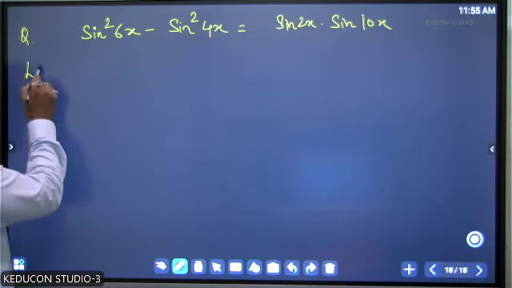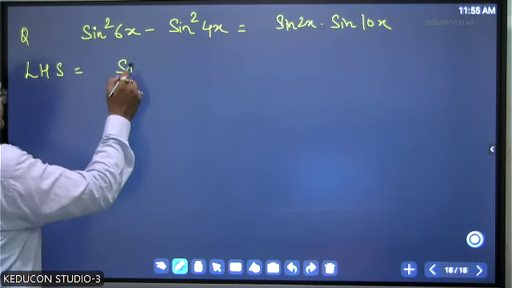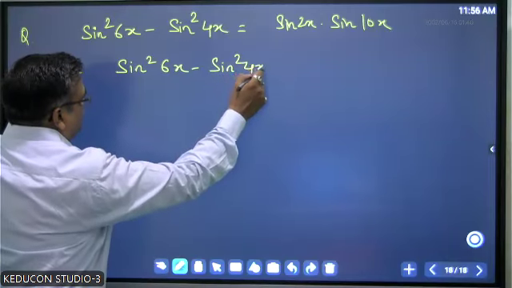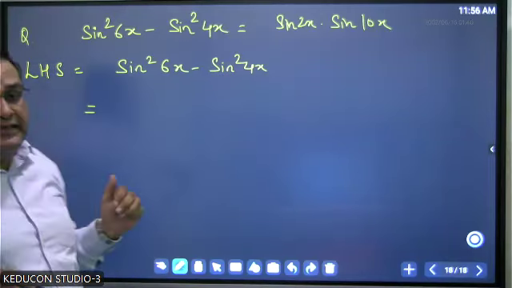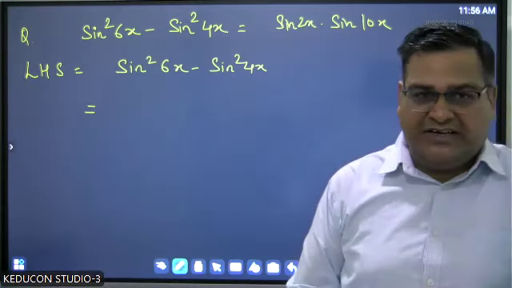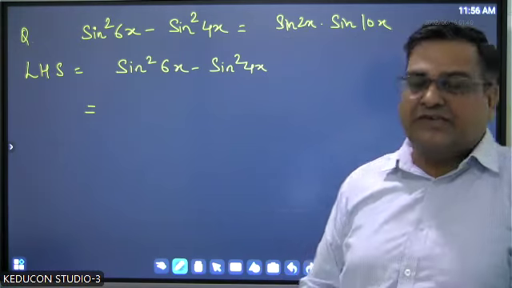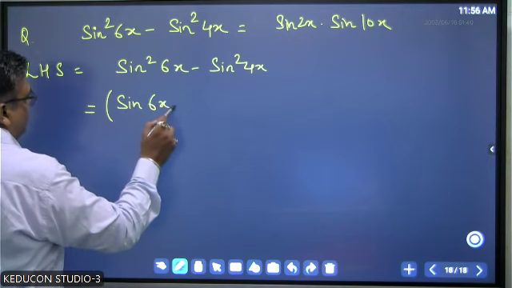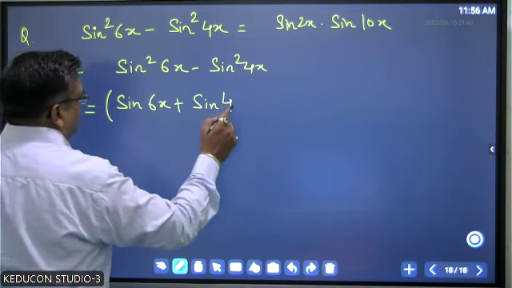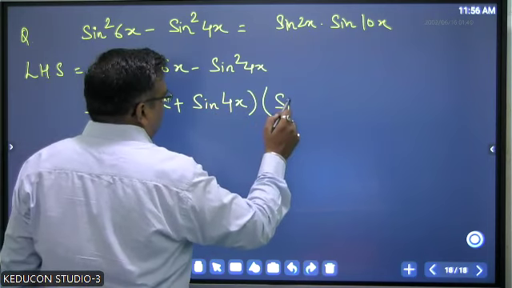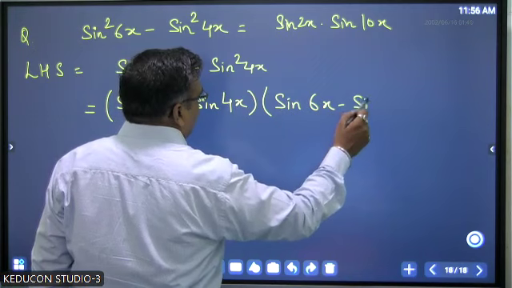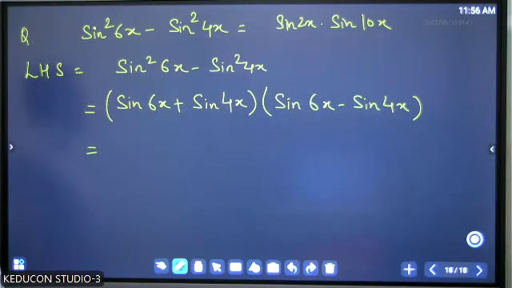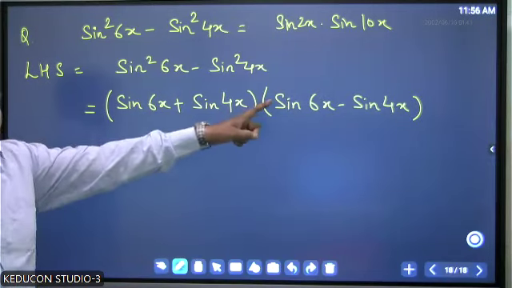So what we'll do, we'll take left hand side. First thing is that we'll apply a square minus b square identity. So sin square 6x minus sin square 4x will change into sin 6x plus sin 4x into sin 6x minus sin 4x, right? So here apply sin C plus D formula and sin C minus D formula.